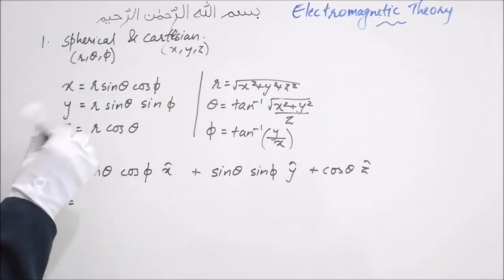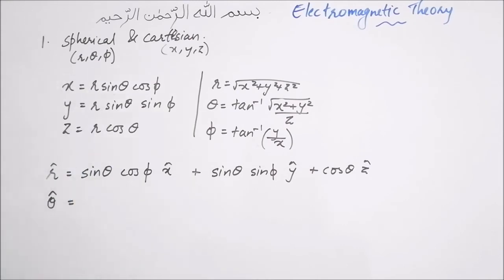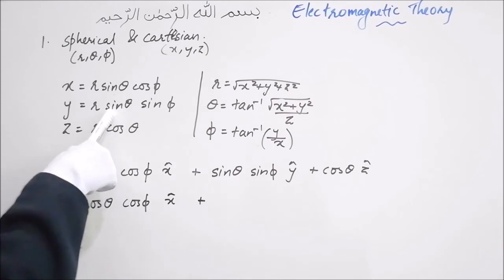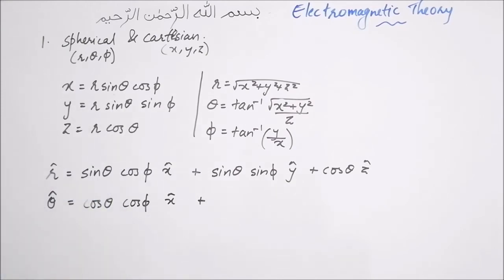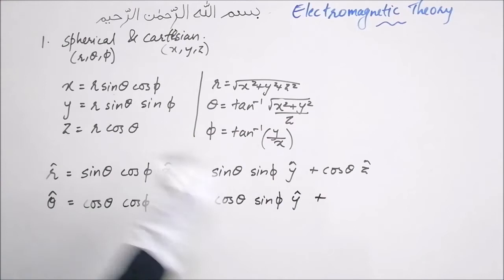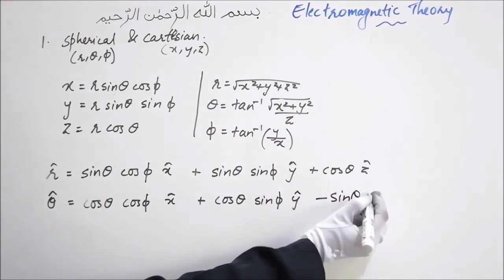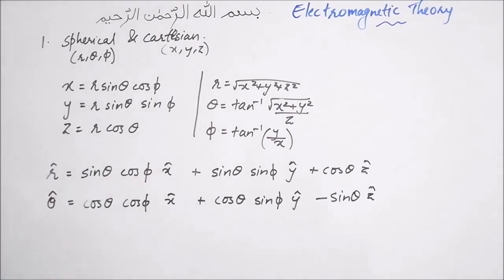So we'll remove r, and differentiating sin theta with respect to theta gives cos theta. So we have cos theta cos phi x hat plus cos theta sin phi y hat plus, since cos theta becomes minus sin theta, minus sin theta z hat.